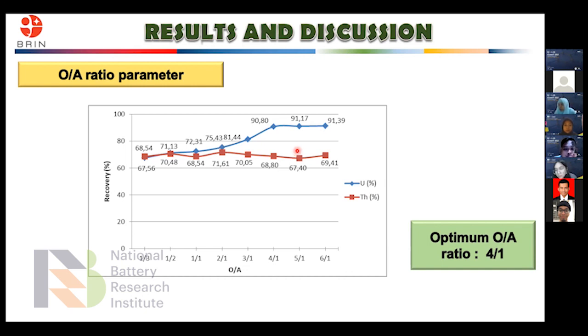This was due to the presence of more organic phase, so the uranium bound to the organic phase would also increase. As for thorium, the extraction recovery at variation of O/A ratio tended to remain between 67 and 71%.